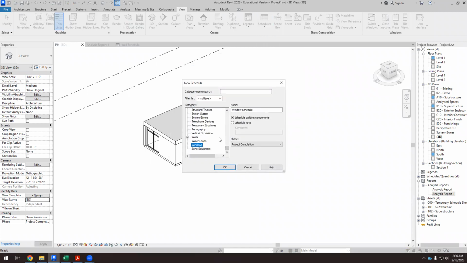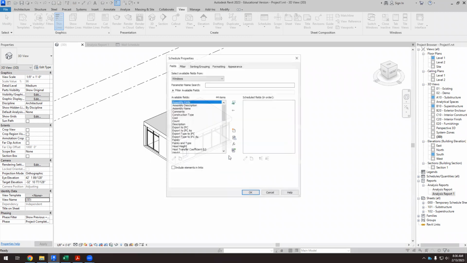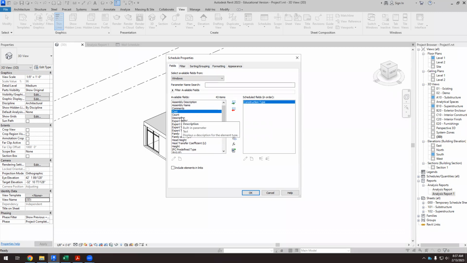I want Windows. Okay, good. I don't have area. So that's comments, construction type. I'm going to use construction type, description.